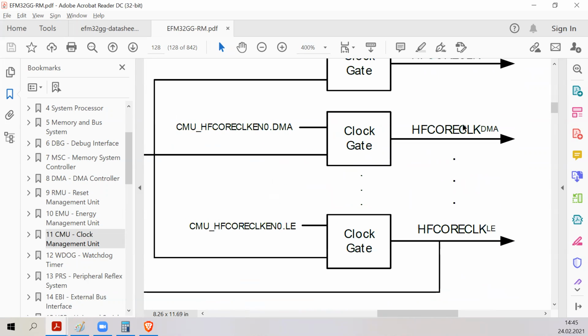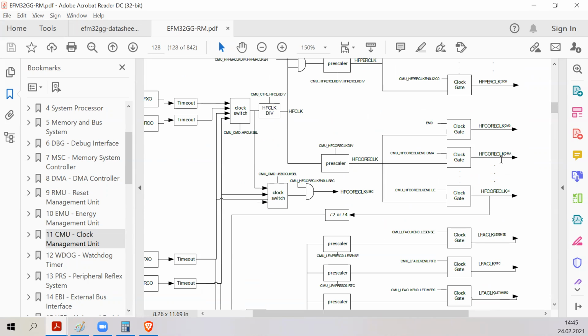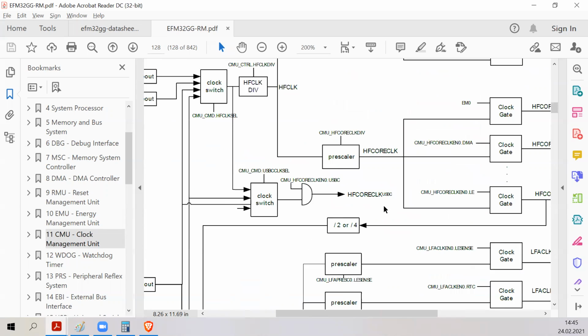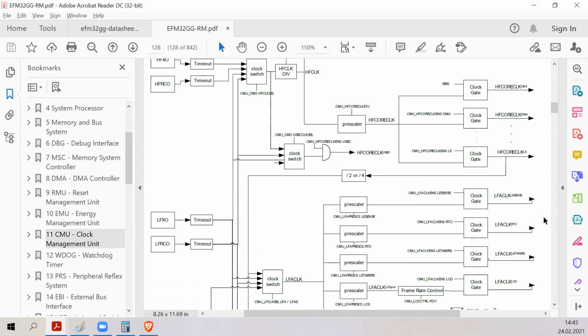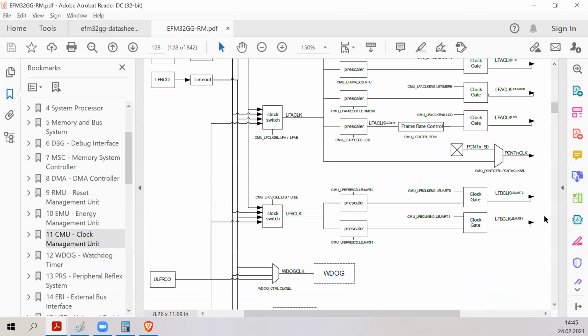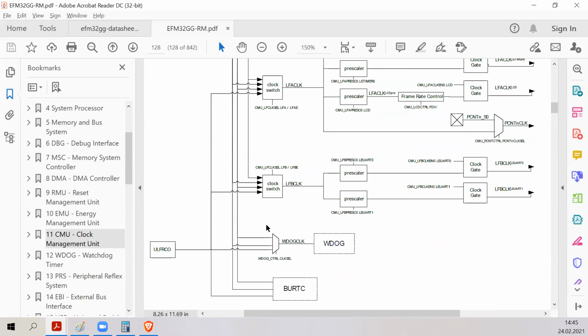What else? This direct memory access peripheral also pauses, but we don't really use it that much. Here is also USB. It also stops if we had USB active. Also, where are UARTs? So UARTs, we can select clock from several sources.